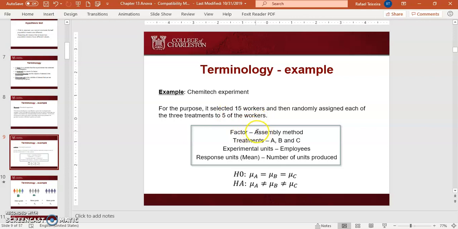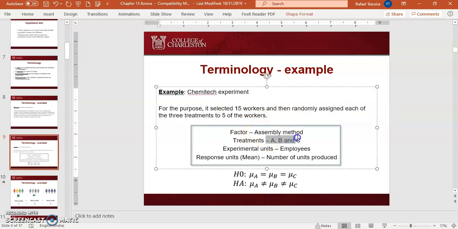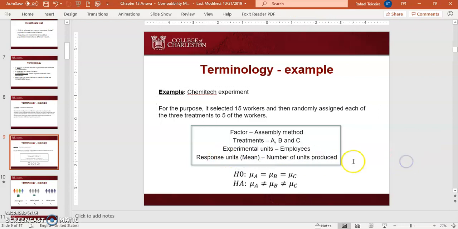So the factor is the assembly method, the treatments are A, B, C, and the experimental units are the employees. The response variable I'm interested in is the number of units produced, which means the productivity. And I want to see if the mean number of filtration systems under method A is equal to the mean number produced under method B, which is equal to the mean number produced under method C, or if they differ. So basically this is what we're doing.